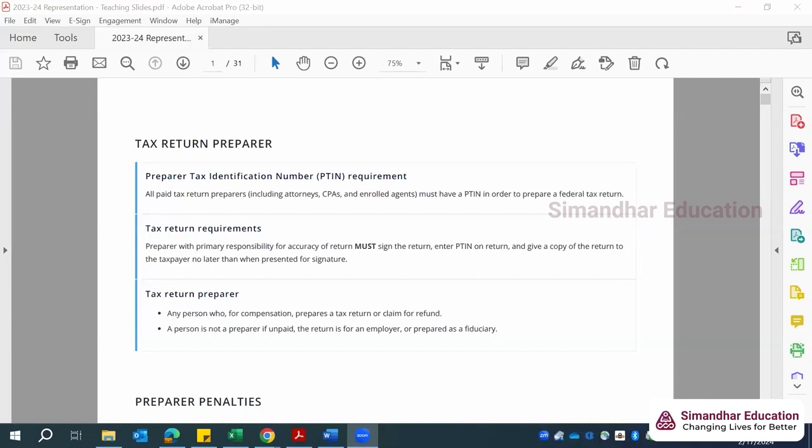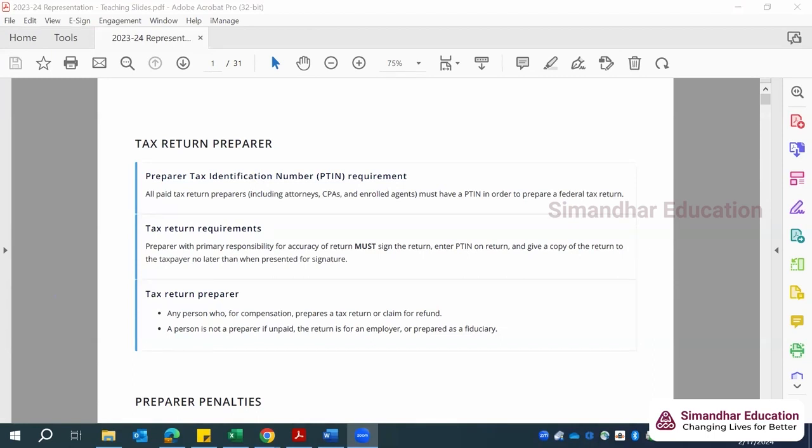Okay. Now there's also a record keeping requirement. So remember, as I was mentioning about the statute of limitation. Because you are preparing a tax return, you will have to make sure that you are keeping the records of the person for whom you have prepared the tax return at least for 3 years after the close of the tax return.